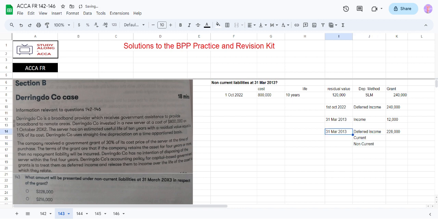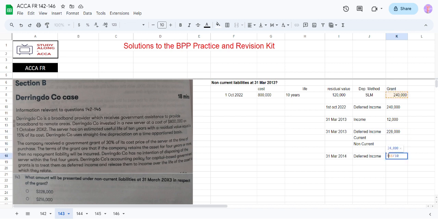If we look at 31st March 14, which is for the 12 months period from this reporting period, how much will be our deferred income there? Because again they will divide this 240 by 10, so this is 24,000.